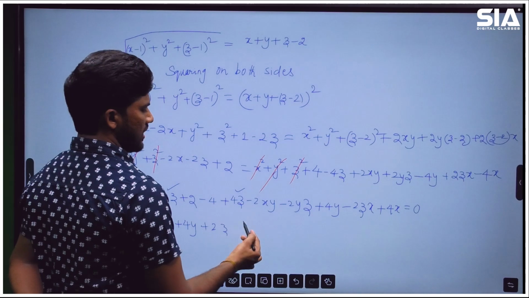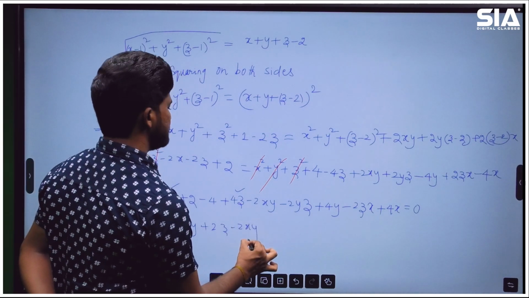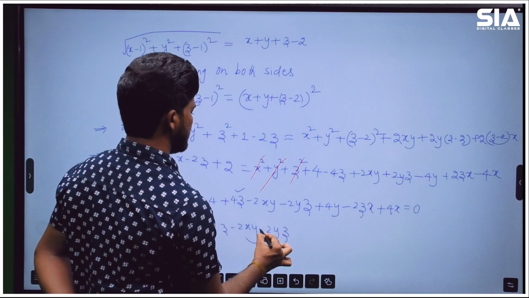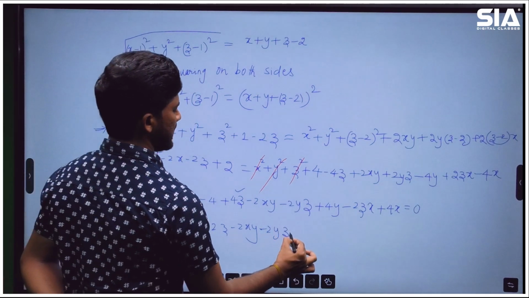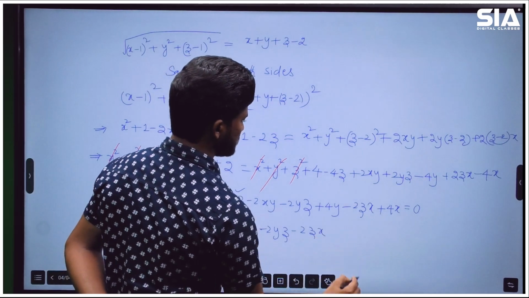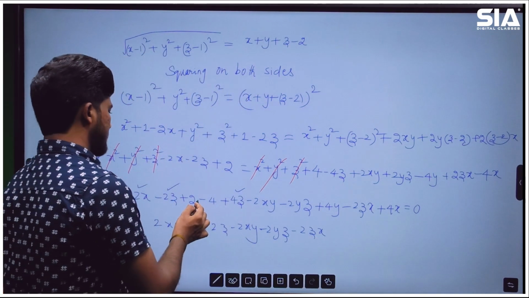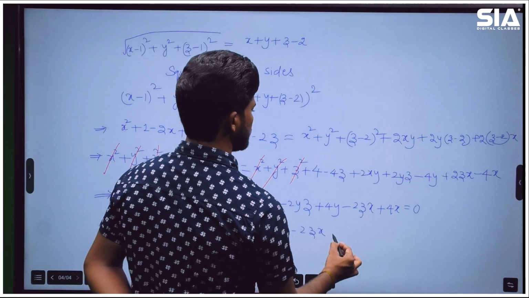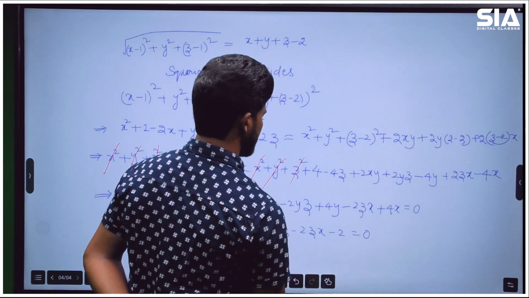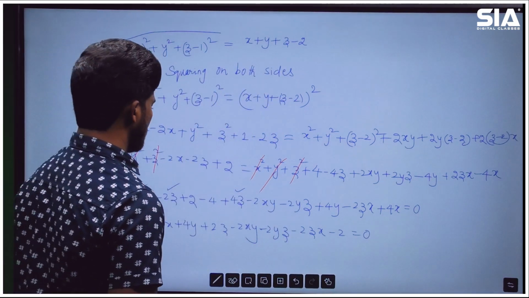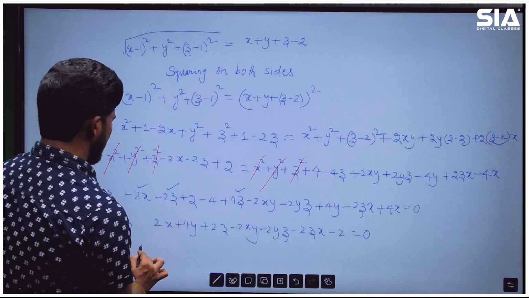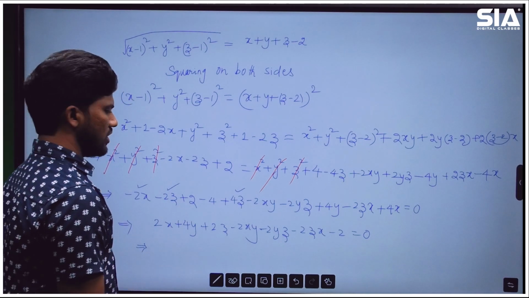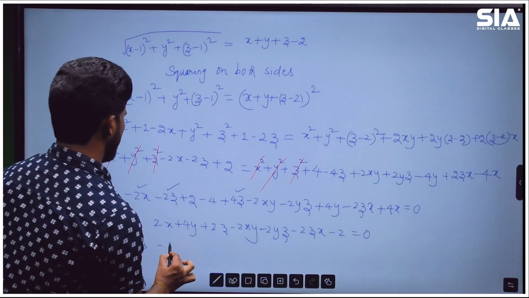Next, minus 2xy, minus 2yz, minus 2zx, and what is the remaining value? 2 minus 4 is minus 2. So now from this total, take minus 2 common, or if you take plus 2, not a problem, but it is better to take minus 2 common.